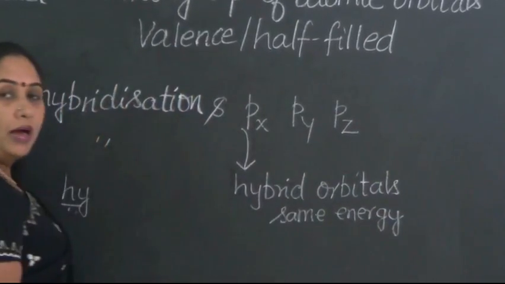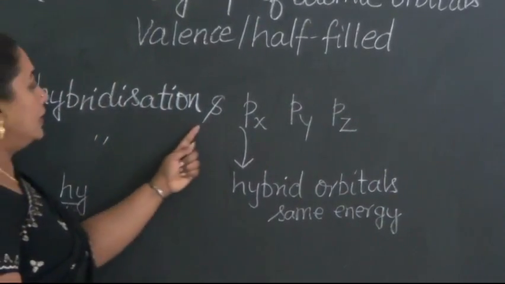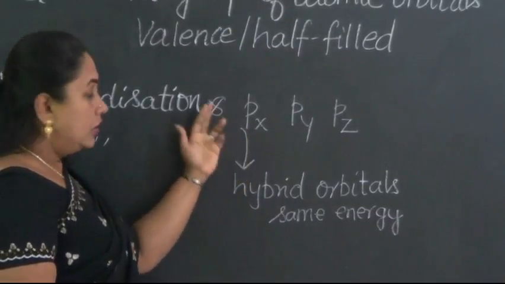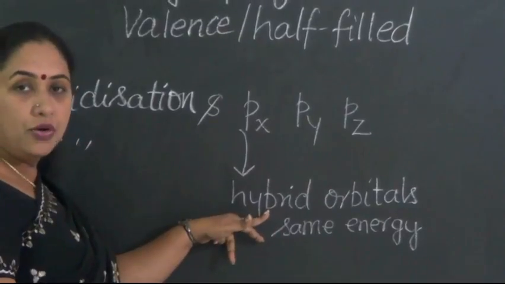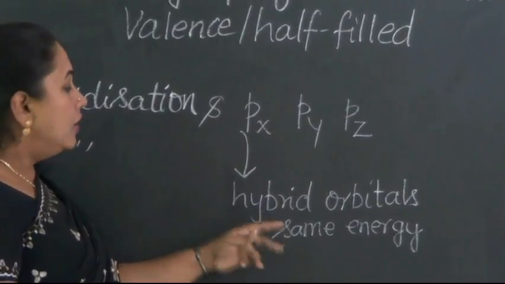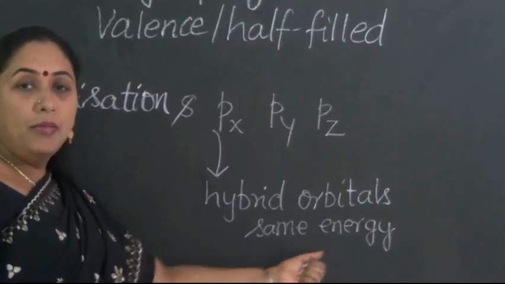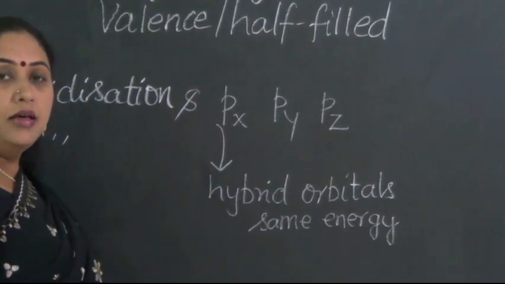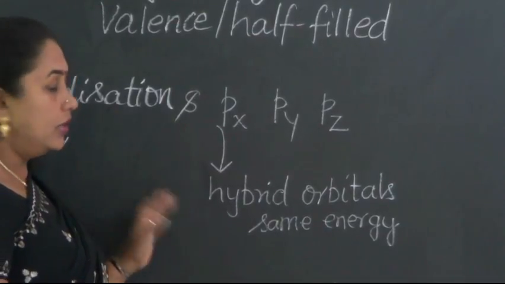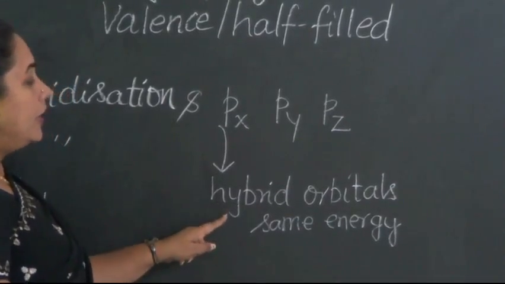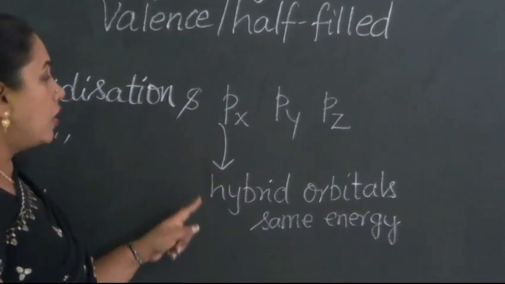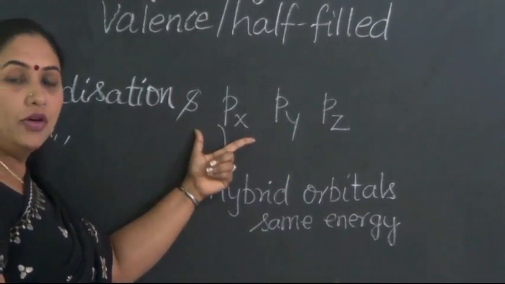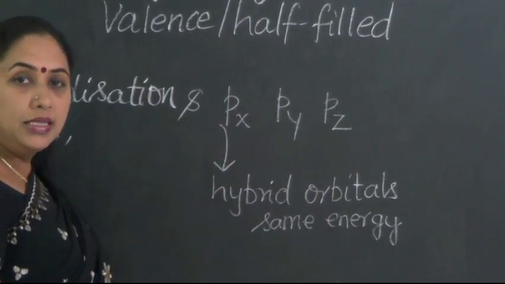So all the participating atomic orbitals, though they might be having difference in the energy, the product obtained by them, which are called the hybrid orbitals, will be having the same amount of energy. There is no energy difference in the hybrid orbitals formed, and the number of hybrid orbitals formed depends on the number of atomic orbitals participating for the process of hybridization.